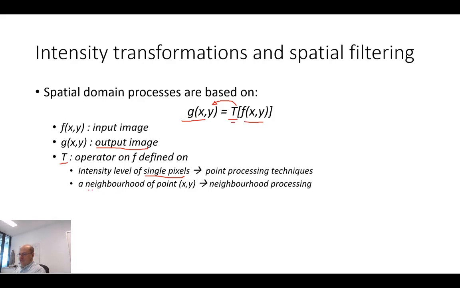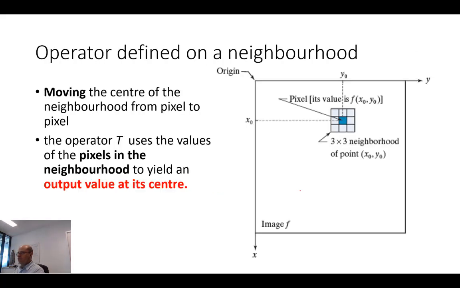Or we're going to apply a transformation using the neighborhood of a point. In this case, this transformation is going to be called neighborhood processing. An operator defined on the neighborhood is going to be applied on a moving neighborhood of the image, moving the center of the neighborhood from pixel to pixel.